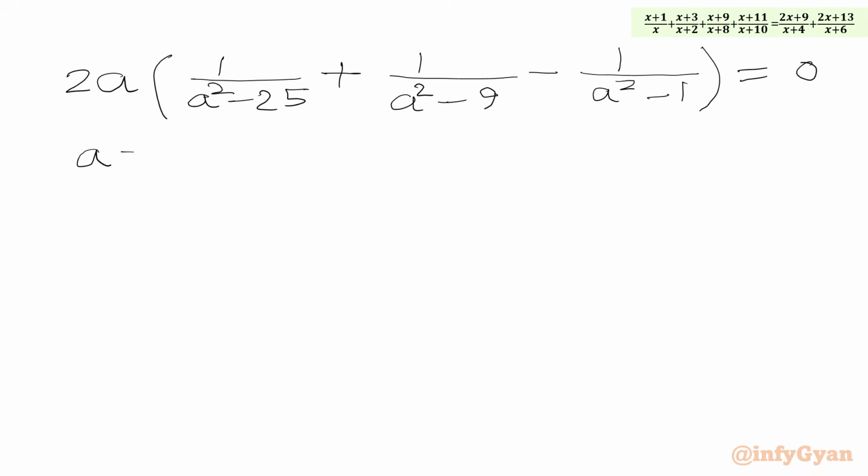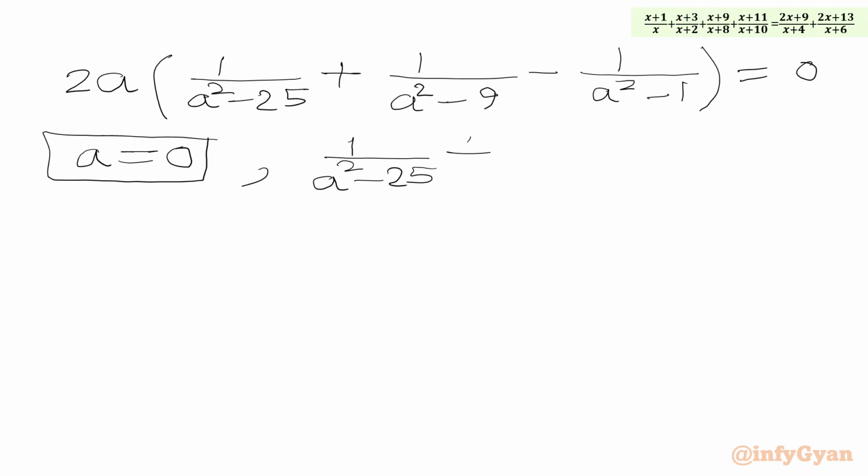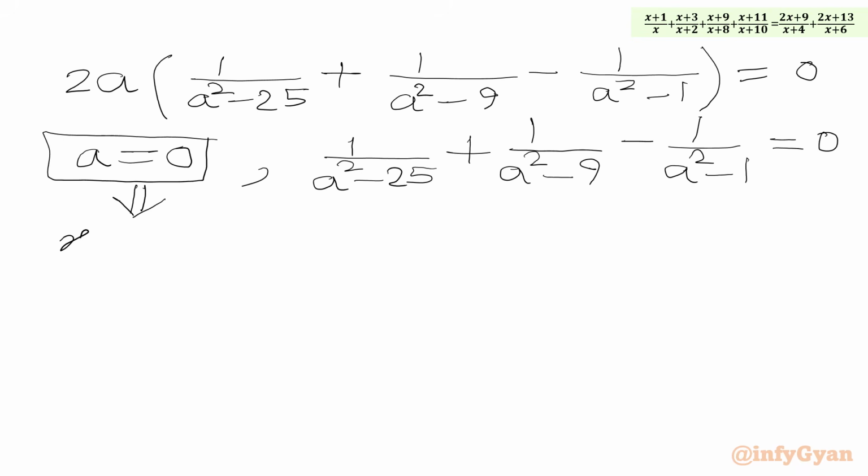So either a equal to 0, or 1 over a squared minus 25 plus 1 over a squared minus 9 minus 1 over a squared minus 1 equal to 0. From our first equation a equal to 0, a was our substitution x plus 5, so x plus 5 equal to 0. From here we get our first real solution, which is negative 5.